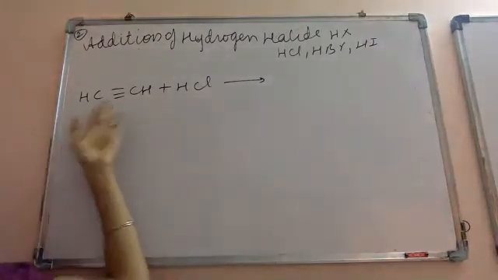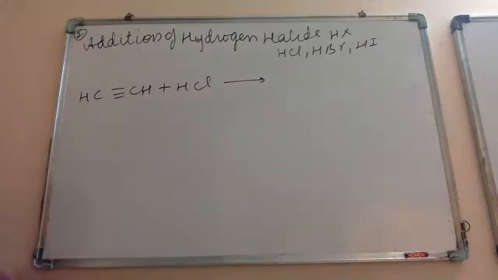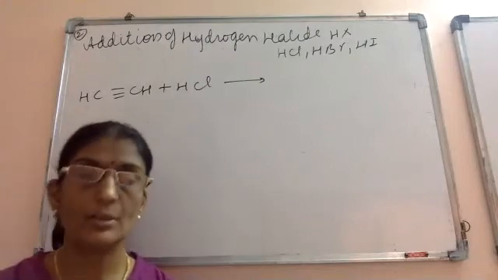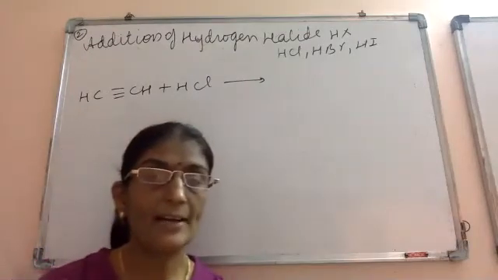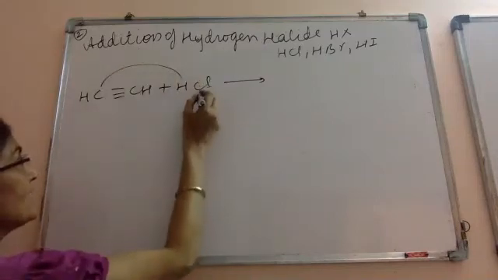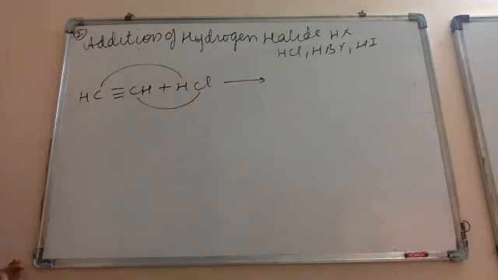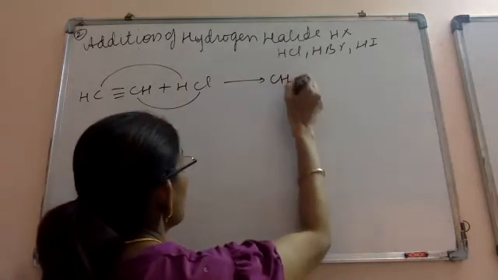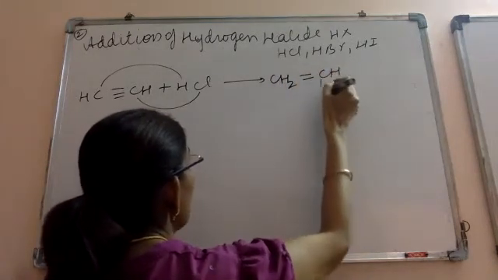So here both carbons have same number of hydrogen. To any carbon we can add halogen, to another carbon we can add hydrogen. So H will add here, Cl will add. You can add it the other way too, it's okay. The product will be CH2 double bond CHCl.